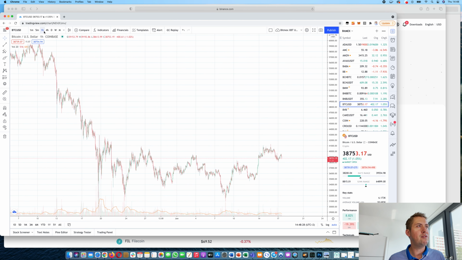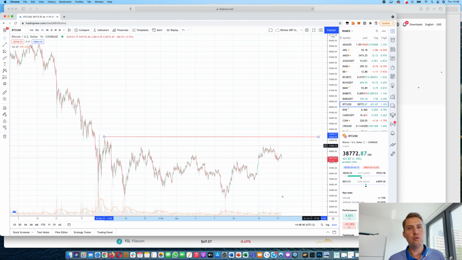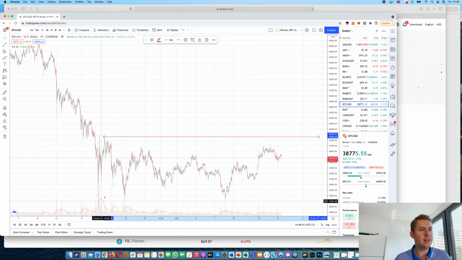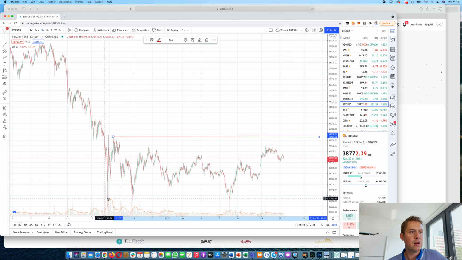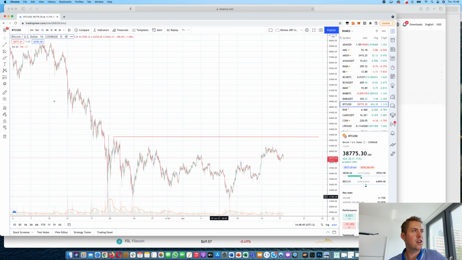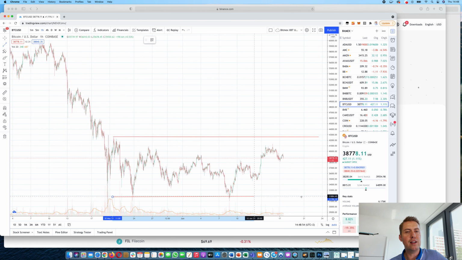You can see that Bitcoin is ranging between about 42,600 US dollars at the top and, I don't know, 31,000 US dollars or so at the bottom. As you can see, the price goes up and down currently in that range.